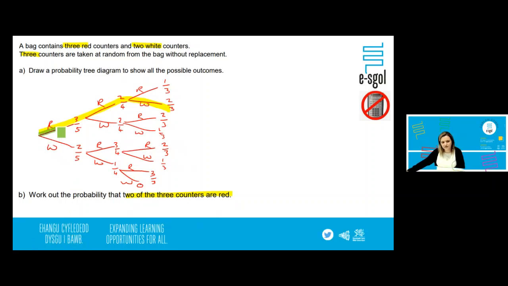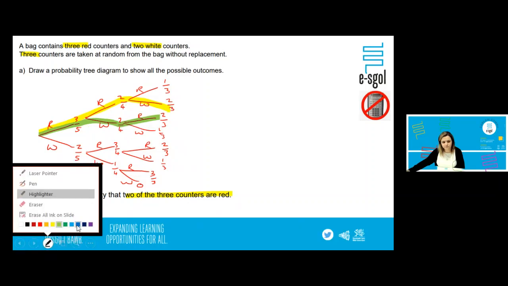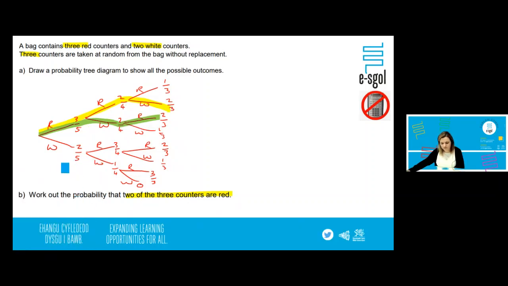So we could follow the red on the first path, then choose a white, and then choose a red. Okay, so there's 2 options coming off that first section. Or we could get 2 reds from the bottom section by choosing a white first, then a red, and then another red. Okay, so there's 3 probabilities that would need to be worked out on this question.